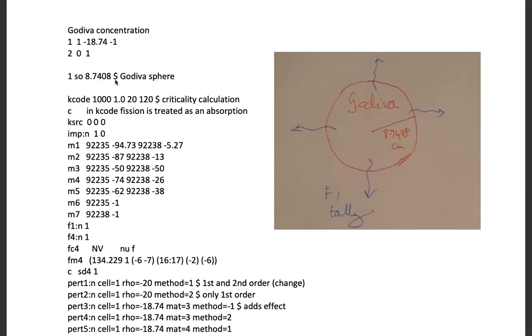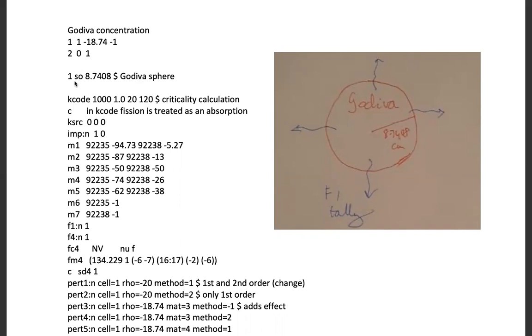Anything after the $ sign is a description, Godiva sphere. So cell 1, the volume region, is inside the sphere. Cell 2 has a positive sense with respect to surface 1, so it's the outside world. And it's got a void. Although there's air, I'm saying there's vacuum, because there's not much interest in the outside world, outside Godiva.